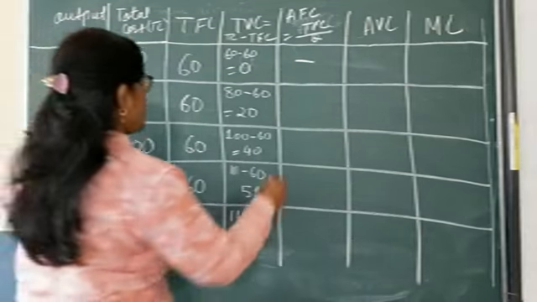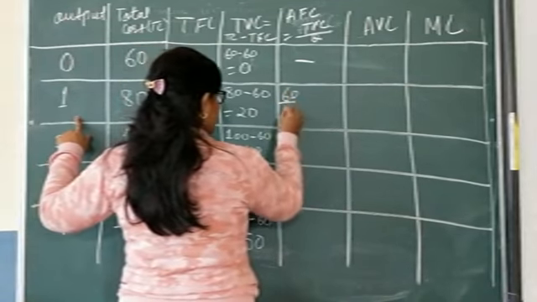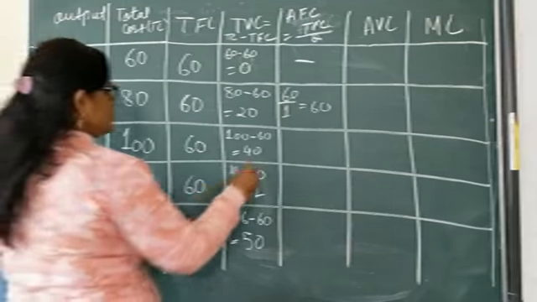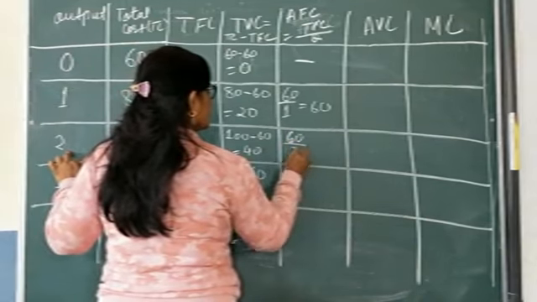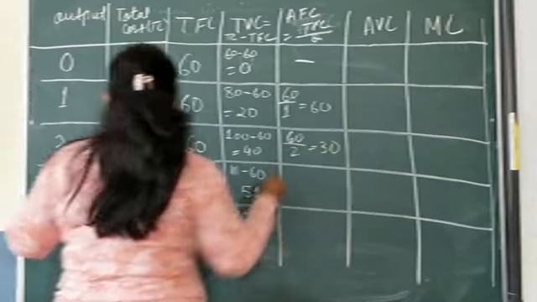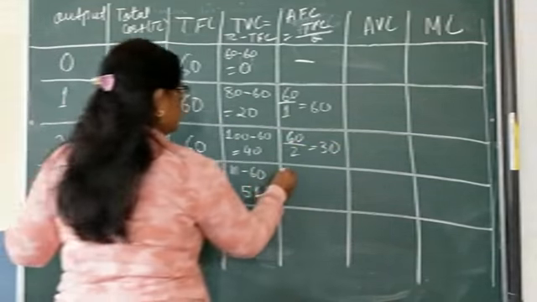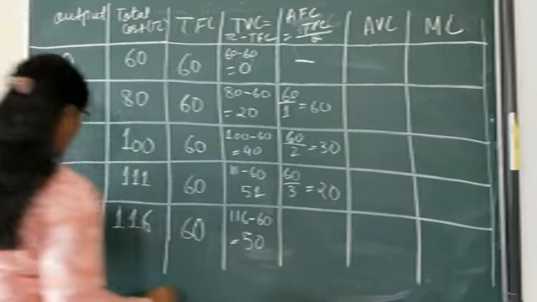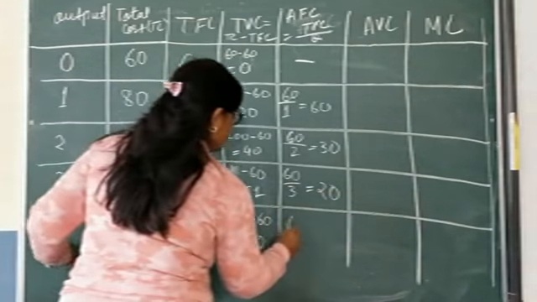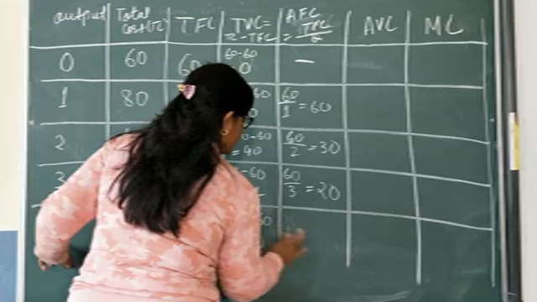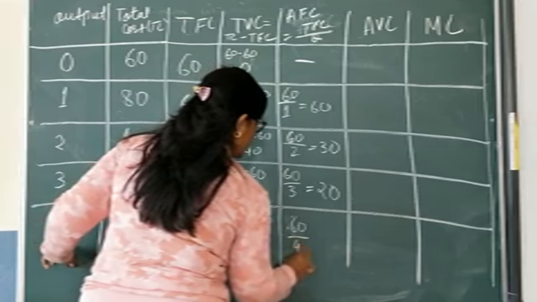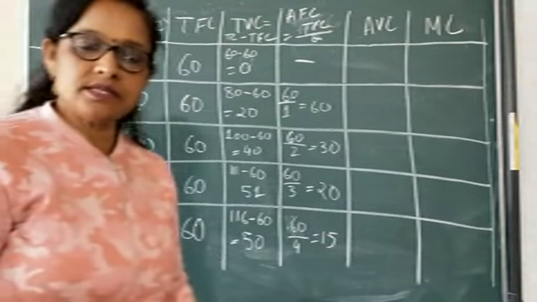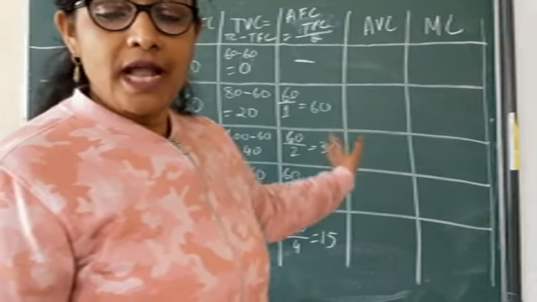Then 60 upon 1 will give you 60, then 60 upon 2 will give you 30, then 60 upon 3 will give you 20, and 60 upon 4 will give you 15. So this is your AFC. This is how we calculate AFC.